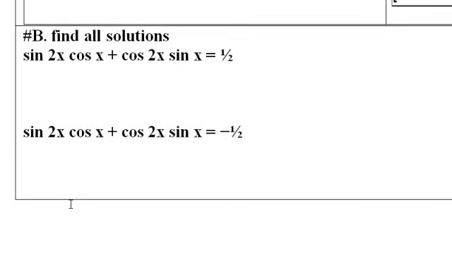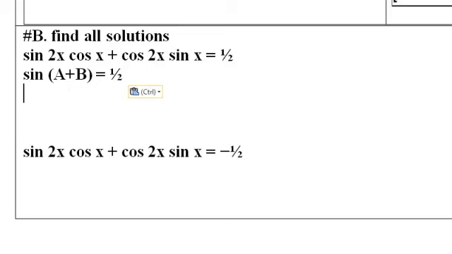So let's see. The directions are find all solutions for x between 0 and 2 pi. Use exact values only. This looks obviously like a sum or difference formula. And when we look that up in a table, we came up that the specific one is sine(a + b) equals 1/2.